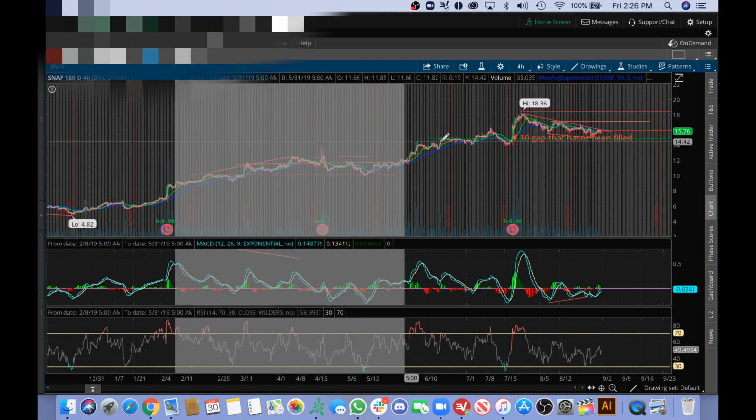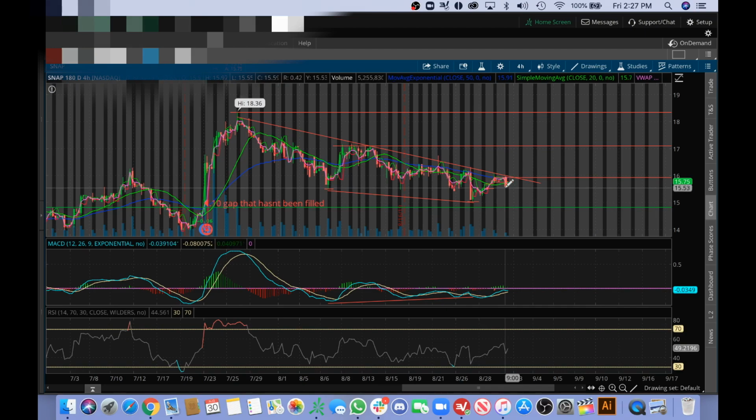Over here I have some patterns I want to show you, but let me point something out first, and then I'll break that down. What I can assume is, once this hits that support level, resistance, it's going to be this level here.